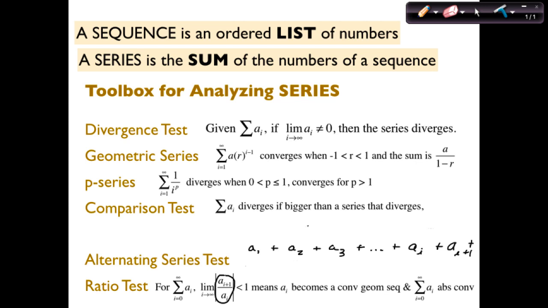Anybody remember? It's what you'd multiply the a_i times to get a_{i+1}, right? So a_i times this ratio, a_{i+1} over a_i. So this is the multiplier to get the next term. But it's a sequence, right? It's a sequence of multipliers to always get to the next term. So what's that kind of like?